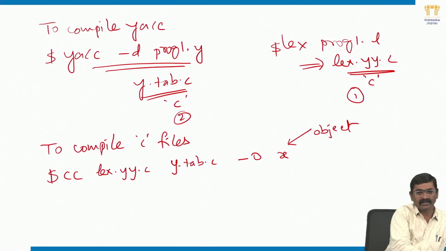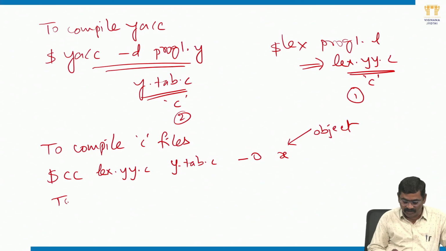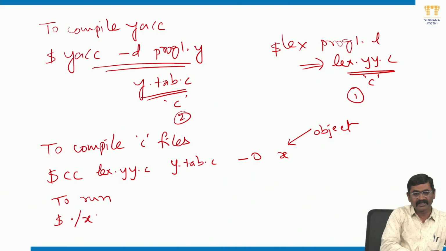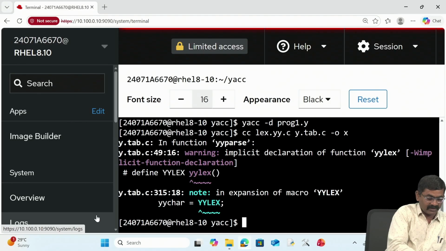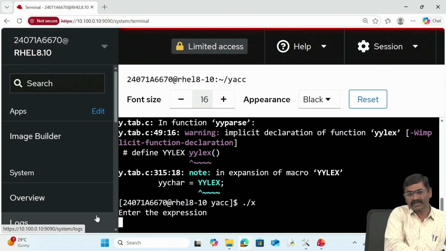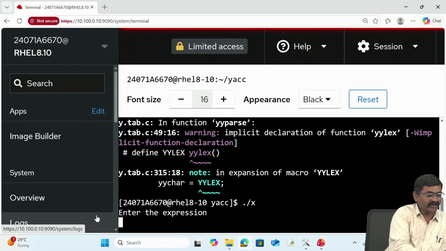To run the program, we use the command ./x. X is the object file. Dot slash x. Here it asks us to enter the expression to verify it.